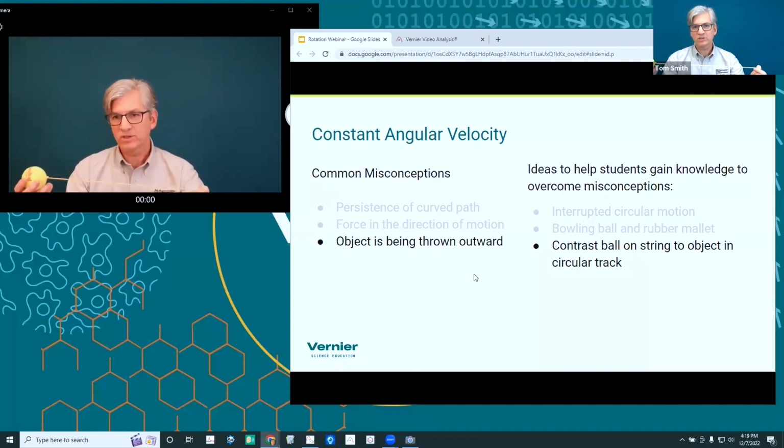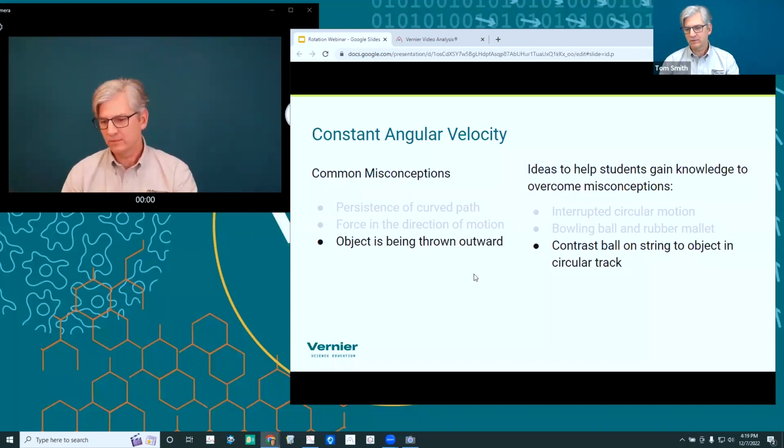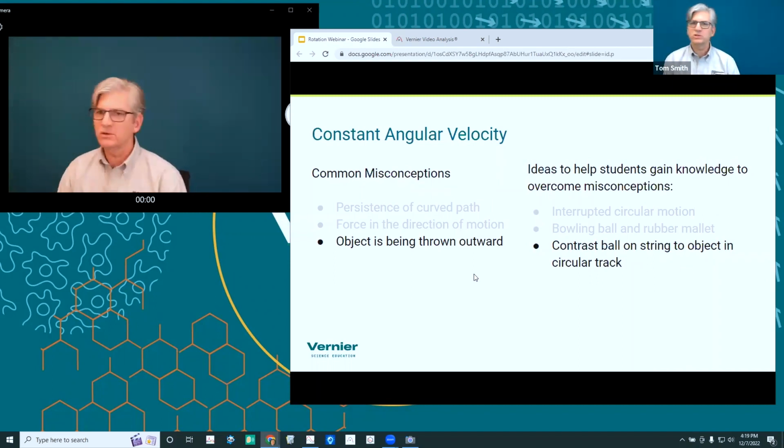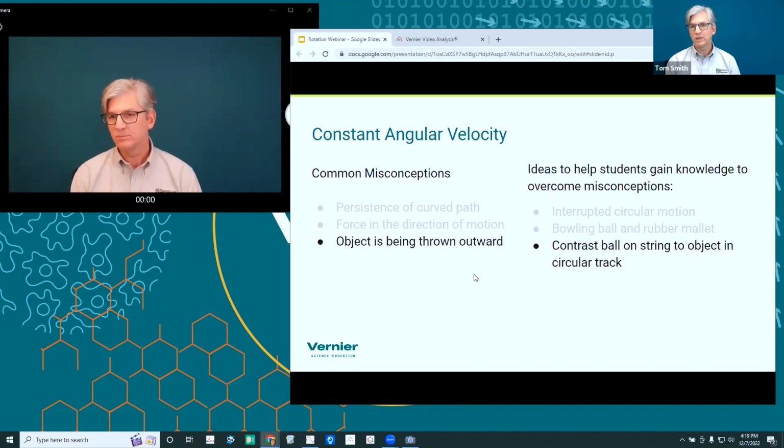What is the force that's causing them to move around that corner? And they should be able to recognize with a little bit of coaching that it's the seat, maybe the side of the door pushing against them, maybe even their feet on the floor. There are forces being applied to their body that cause them to feel like they're being pushed to the outside.